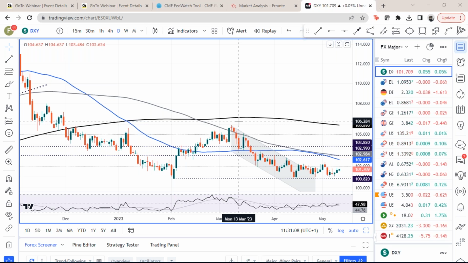So if you flip this chart the other way, it will look a bit like the euro dollar chart. So that level of 110.32 is probably similar to 100.82 on the DXY. You can see there, a big support level. We've tapped it a couple of times, and we're just sort of bobbing along there now.